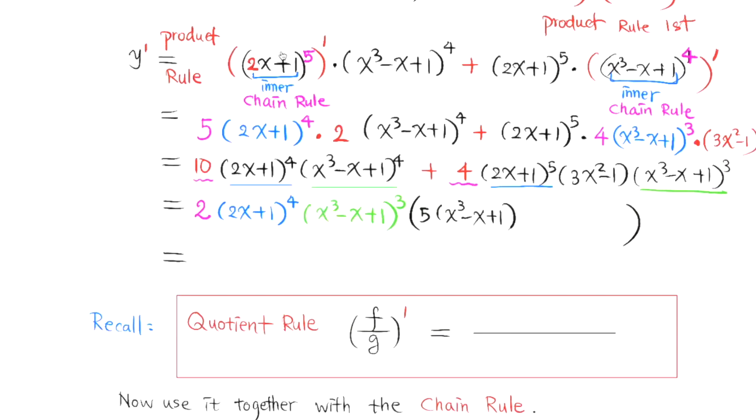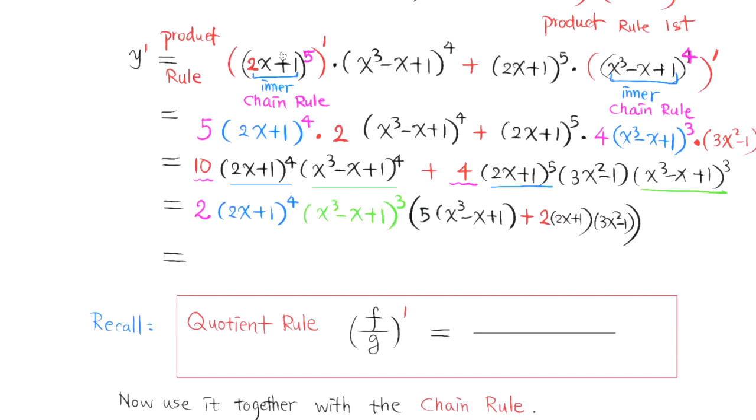And adding: now the 4 here, take out 2, I'm left with 2. This one, take out the 4 power, I have 2x plus 1. And then there's also 3x squared minus 1. This factor is already taken out, so no more of this factor here.